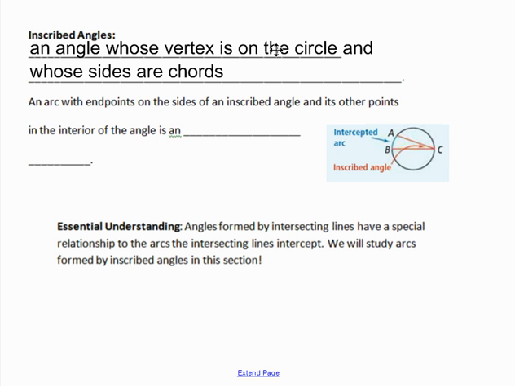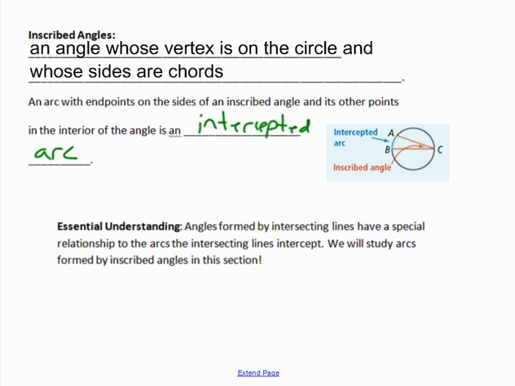Continuing on, an arc with endpoints on the sides of an inscribed angle and its other points in the interior of the angle is an intercepted arc. Looking at that picture, the intercepted arc would be an arc formed by an inscribed angle.